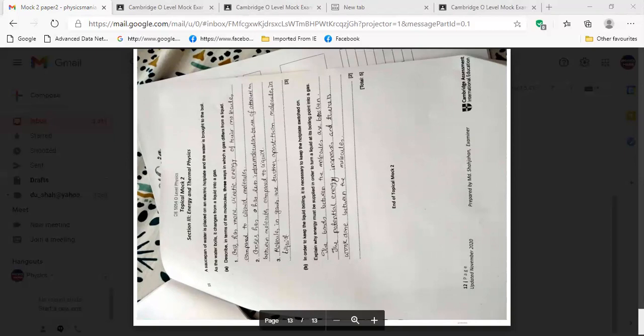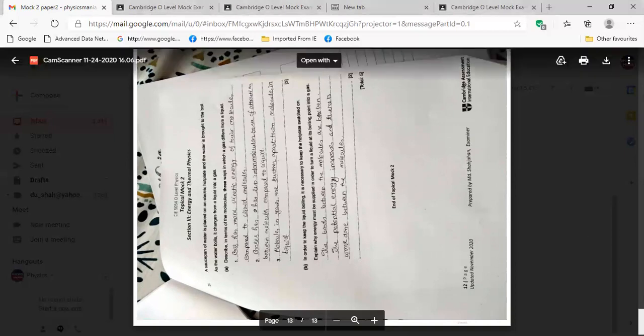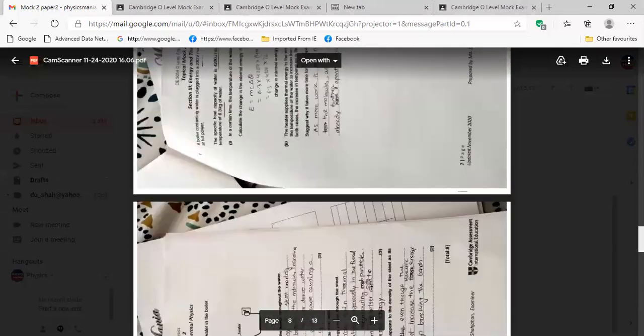Okay, done. So this one you got full marks. Then you count how many minus marks are there, go to the first page and write there, the percentage also.